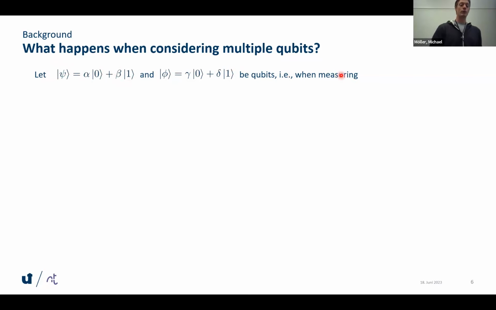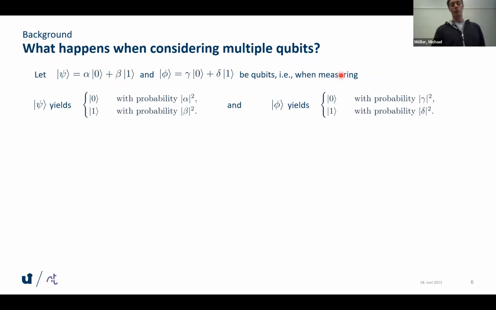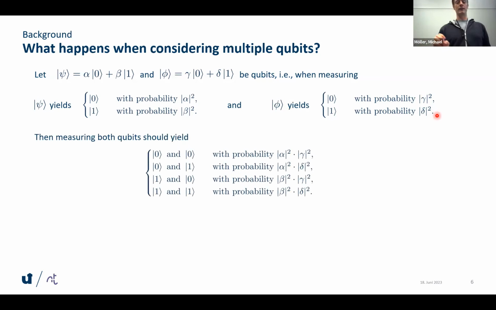And now it's quite natural to think, well, how would I describe this? What can happen is, well, the thing I just showed you in assumption 2 happens for each of the 2 qubits separately. So if I measure psi, I get 0 with probability alpha squared, 1 with probability beta squared, and similarly for phi with gamma squared and delta squared. And if you think about these 2 qubits being separated from one another, it's quite clear that if I measure both qubits, I will get 0 and 0 with probability the product of alpha squared and gamma squared.